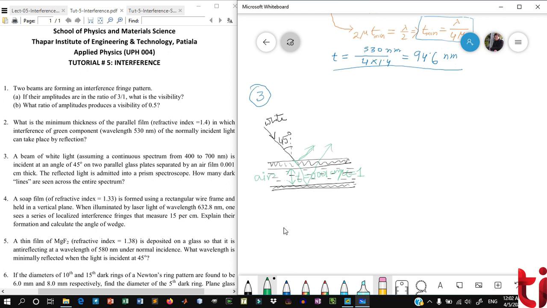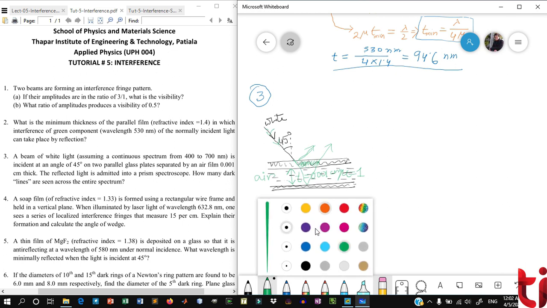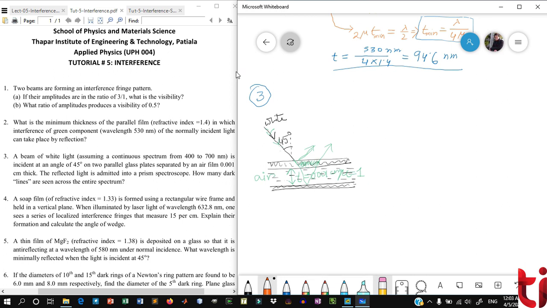And then these lights will interfere locally here, because it's a white light. Here the components of the light are of different wavelengths. So in this region, some of the wavelengths will interfere destructively, and some of the light would interfere constructively.